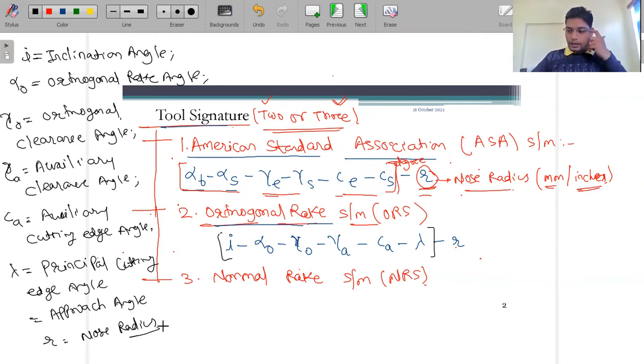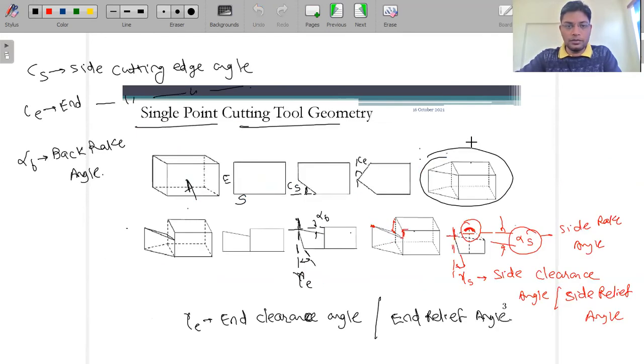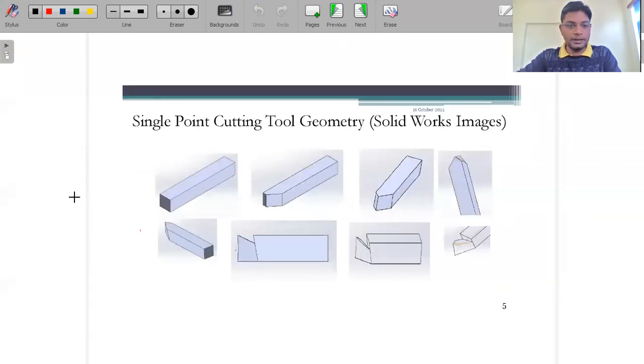Now, let's take a simple example using these images that I have prepared for you in SolidWorks. This is a simple billet. We consider this the end portion and this the front portion, and we are creating all this geometry on this side.